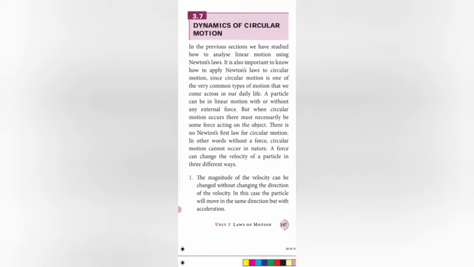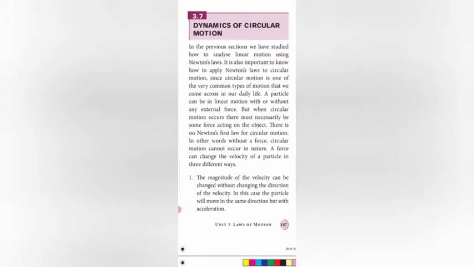In your previous sections, you have studied how to analyze linear motion using Newton's law. Now we are going to apply Newton's law to circular motion. What is circular motion? You know that. The movement of a particle in a circular path. So circular motion needs force.